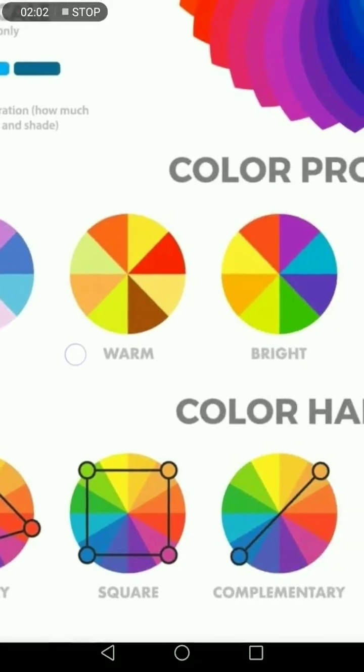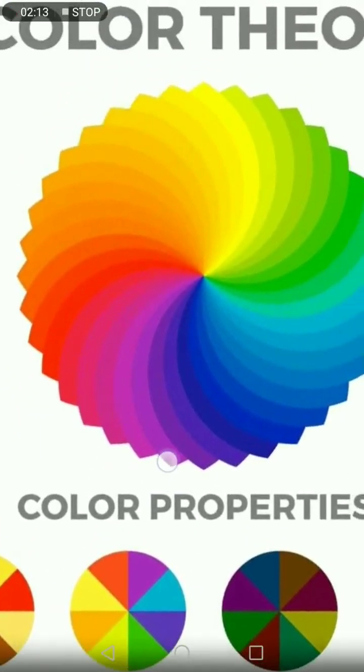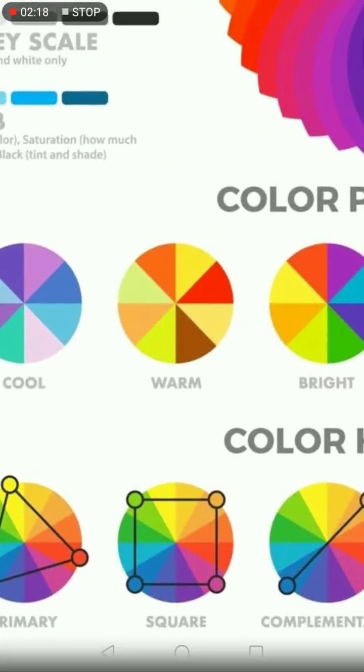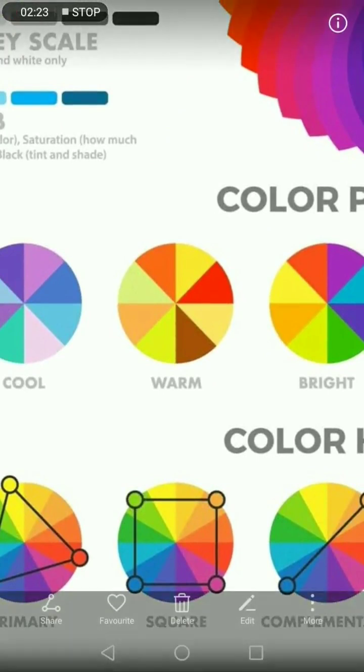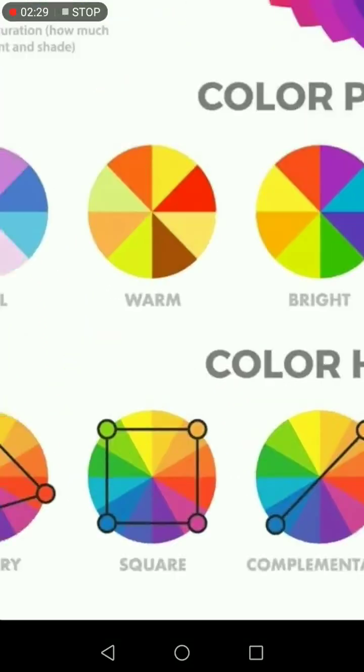Moving on to the square. A square rule or a square pattern just takes the shape of a square on the color wheel. So here you are selecting 4 colors. You may choose to take the green, this pink, or a blue.